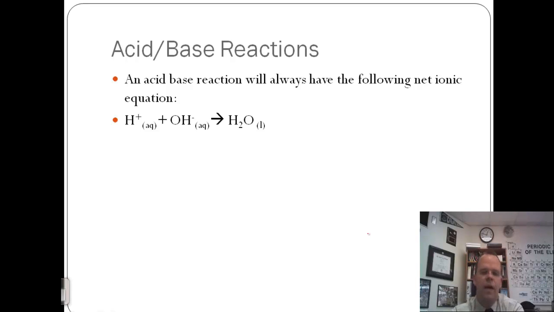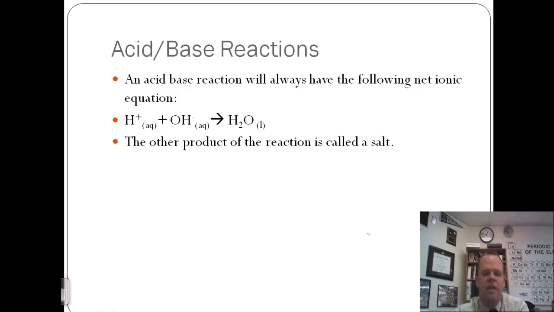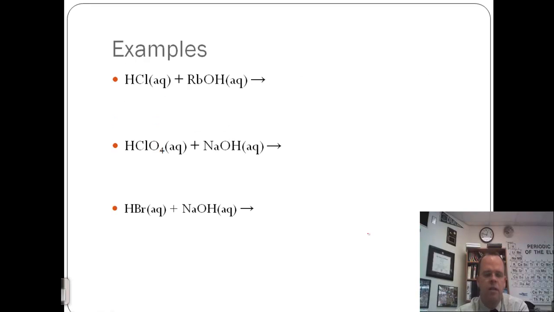So here we have two aqueous coming together to form the liquid, H+ plus OH- forming H2O. The other product is always referred to as our ionic salt. And depending on what the cation was with hydroxide and the anion with hydrogen will determine what that salt happens to be. So let's look at some examples of these.